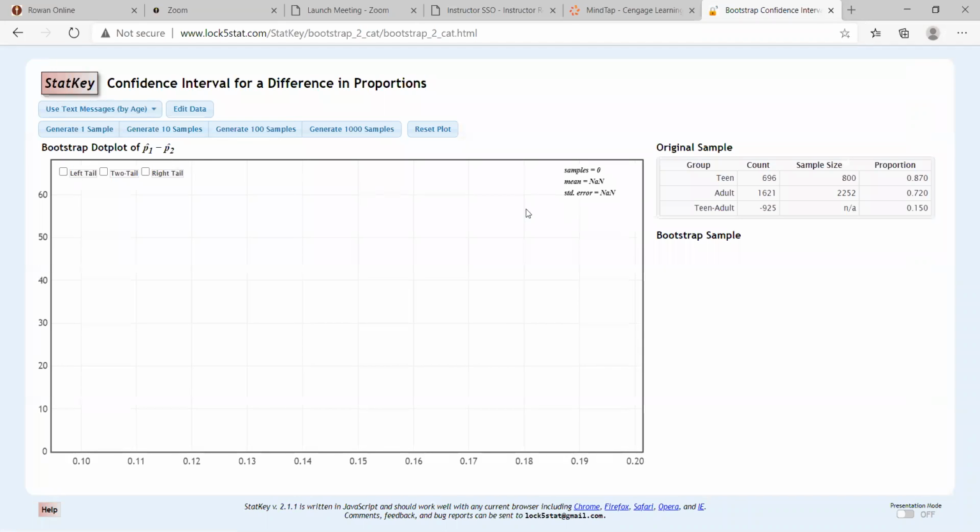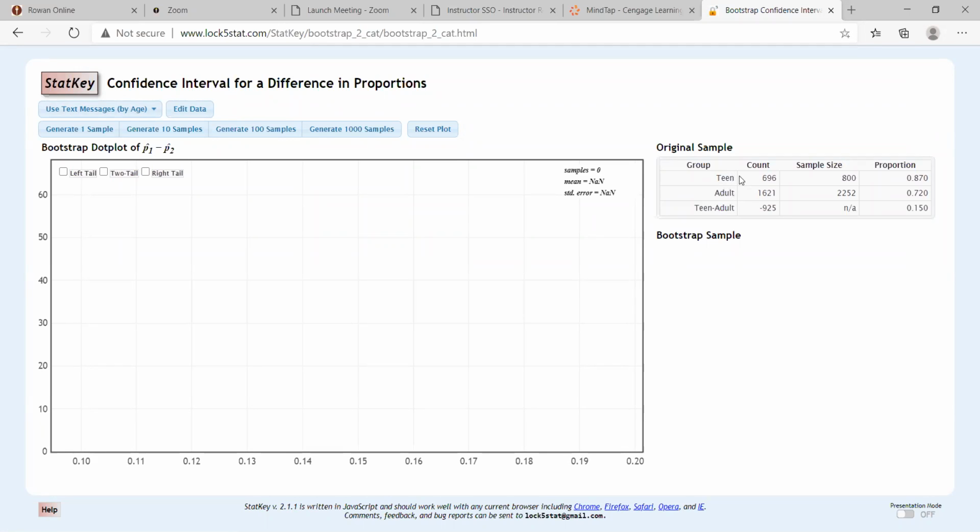So for example, here it says using text messages by age. All right, so here are 2 populations of people based on age. There's teens and then there's adults, all right?